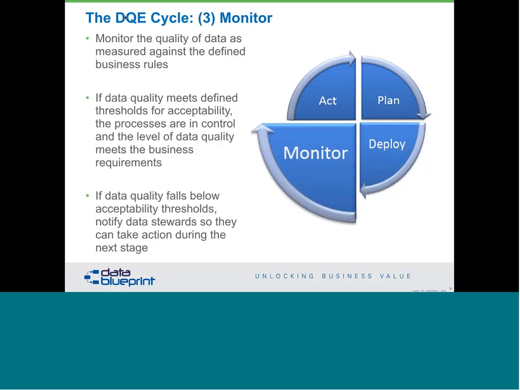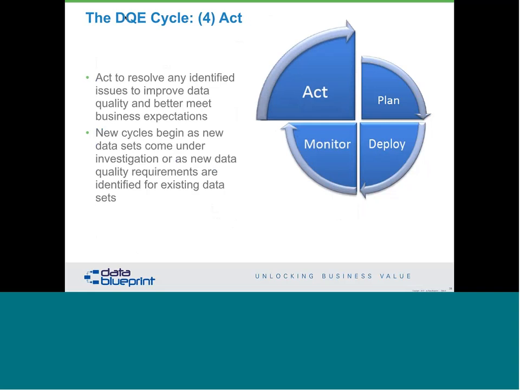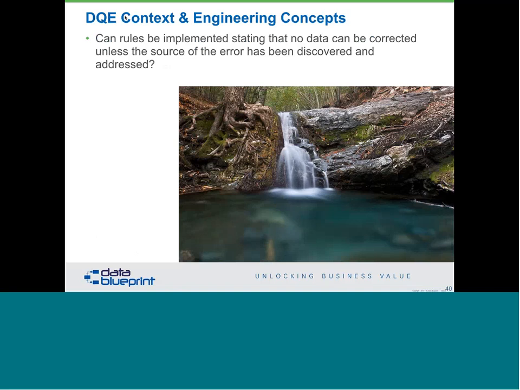We need to monitor the cycle to see if it's done what we think it's going to do, and then act appropriately. If there are more unmet issues, we need to go back and fix them, and a new cycle comes in as soon as we start this process over again. So not many shortcuts in this. We simply have to be able to go in and really identify these things with rigor.